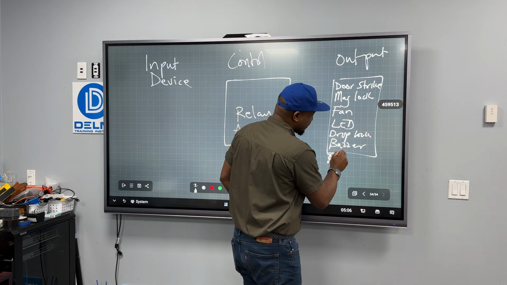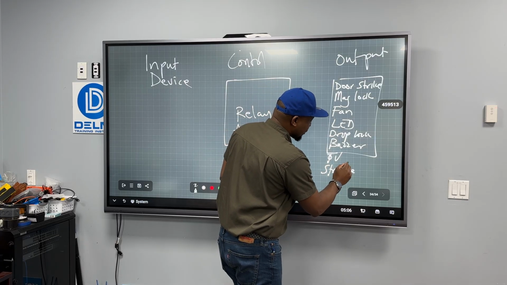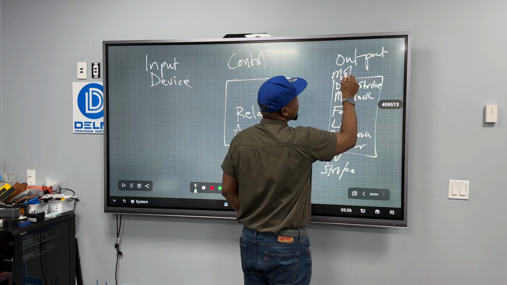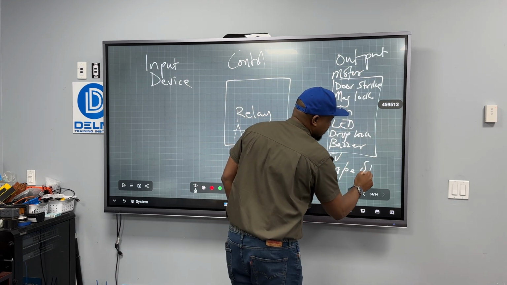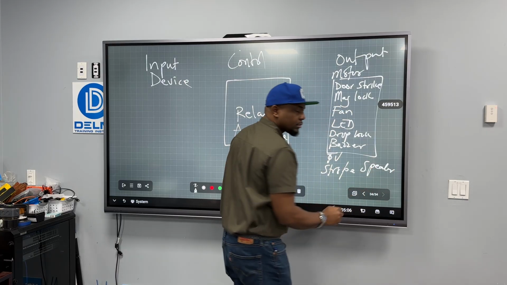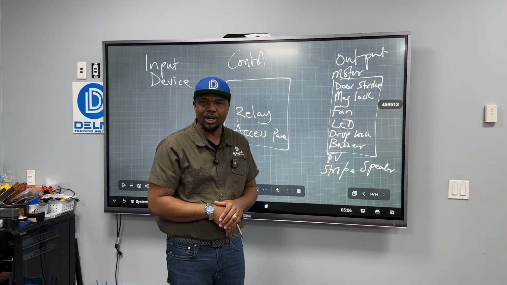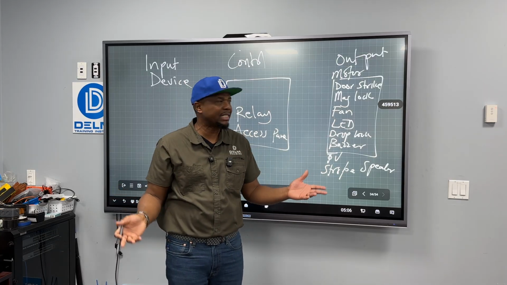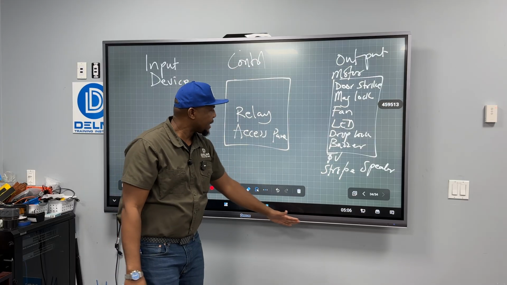So TV, strobe, motor, speaker, sliding automatic door. Yes. So now you guys got it. These are all output devices, right? And the list goes on and on and on.